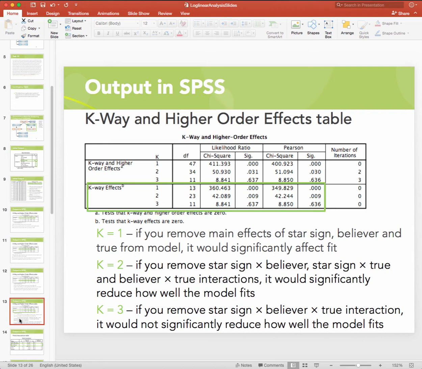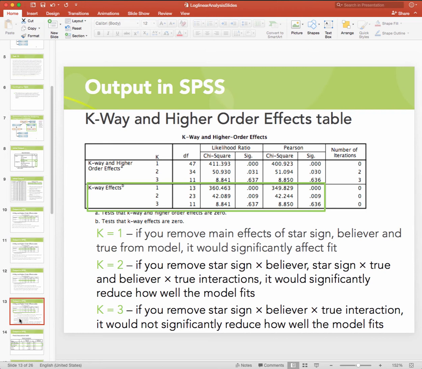So in other words, one or more of these two-way interactions is actually a significant predictor of our data. The p-value is greater than 0.05 for K equals 3, so if we remove the star sign times believer times true interaction, this would not significantly reduce how well the model fits.